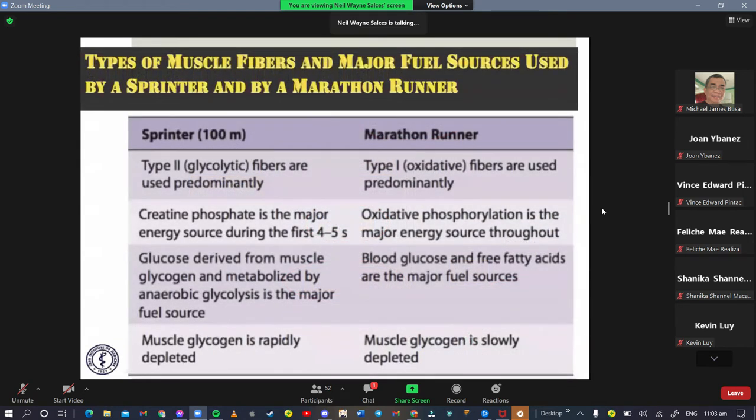This table shows the types of muscle fibers and the major fuel sources used by a sprinter and a marathon runner. A sprinter predominantly uses type 2, or glycolytic, fibers, while in a marathoner, the predominant fibers are type 1, or oxidative fibers.